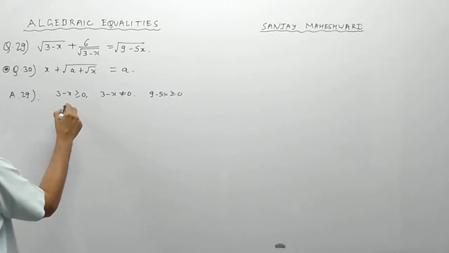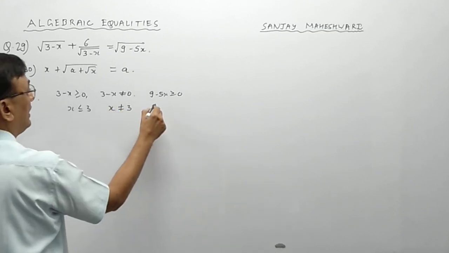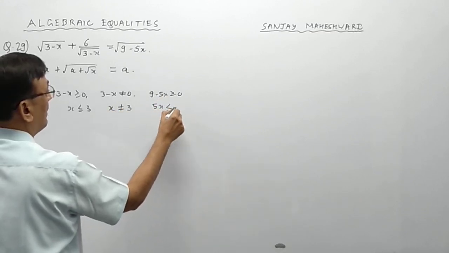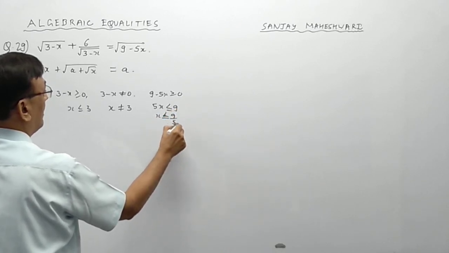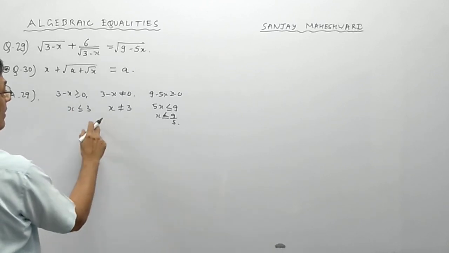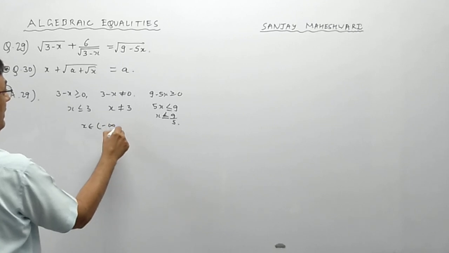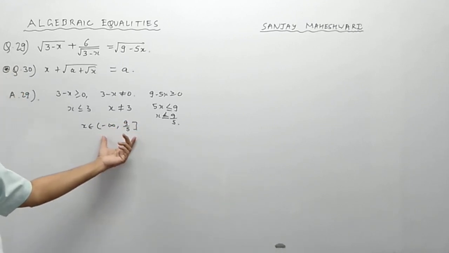So what we can see here is x should be less than or equal to 3, x should not be equal to 3, and 5x is less than or equal to 9, or x is less than or equal to 9 by 5. So we can see that the solution will be within this limit only.